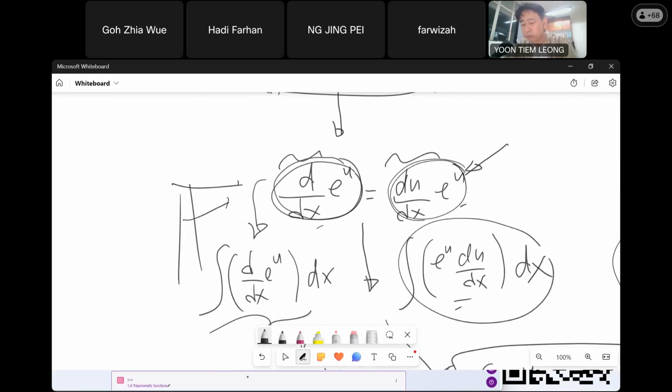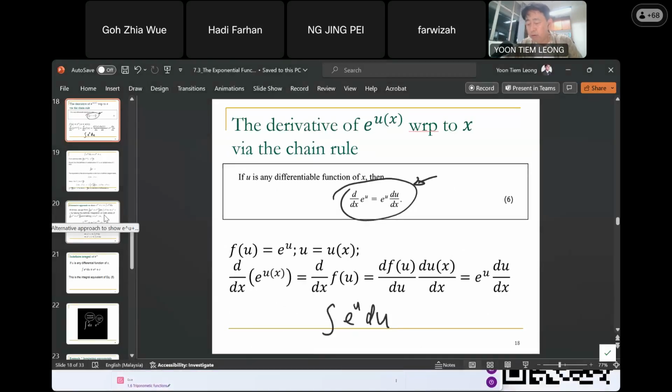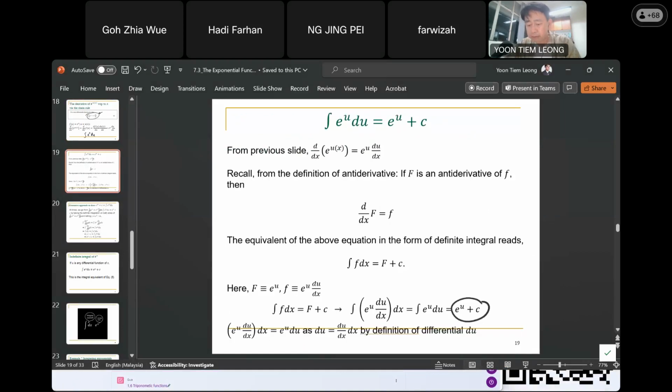I tried to do it, but probably I better not do it here. I better refer to the lecture notes, because the lecture notes show you all the details of the steps, how this formula is arrived at. So you can show this relationship by looking at this differential equation.